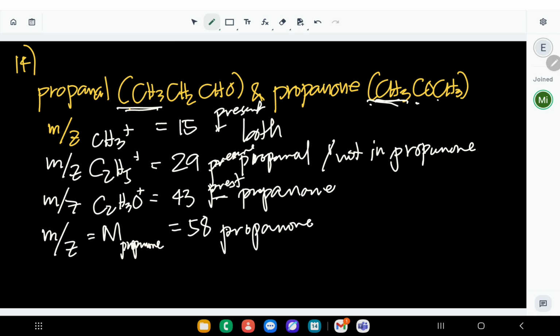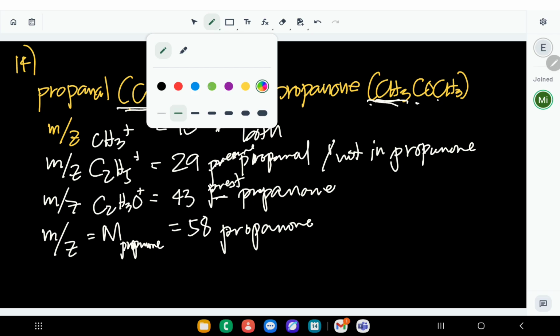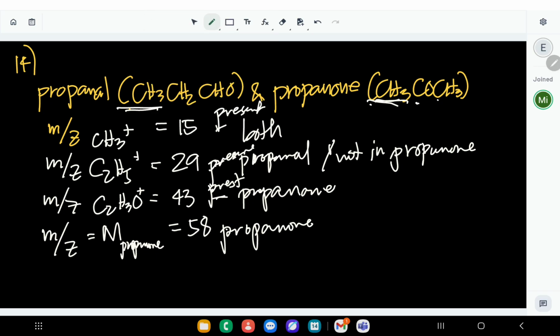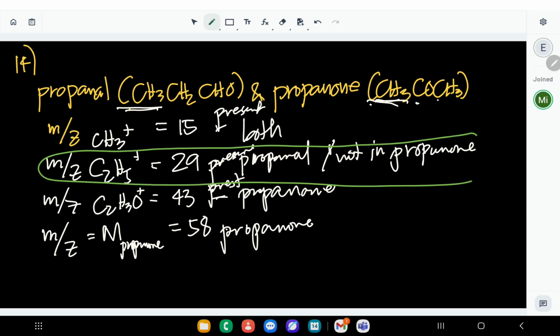So the one not expected in the mass spectrum of propanone should be the mass-to-charge ratio of 29. So the answer here should be letter B. The answer in your paper is also letter B.